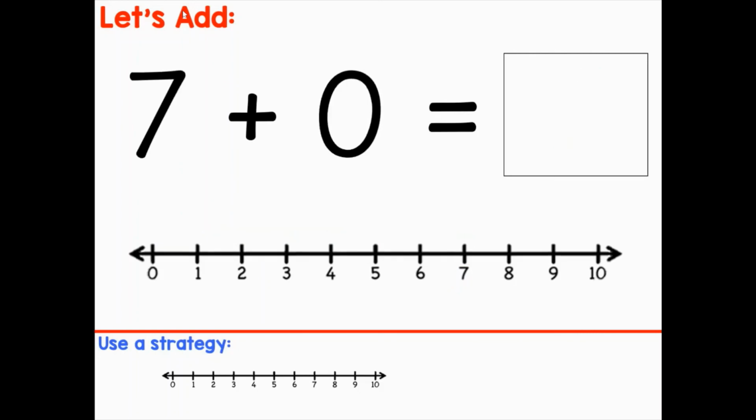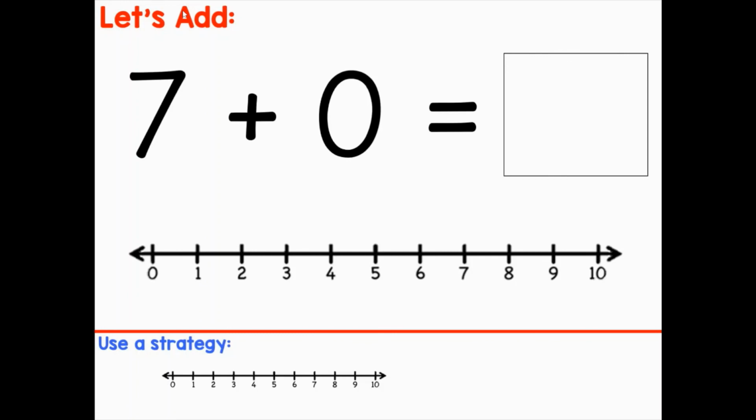And how about this one? Kind of similar to the other one where it was 0 plus 1, but now the 0 is in a different spot. This one is 7 plus 0. What do we do with our first number? How many hops are we going to make? Yeah, we're going to make 7 hops.